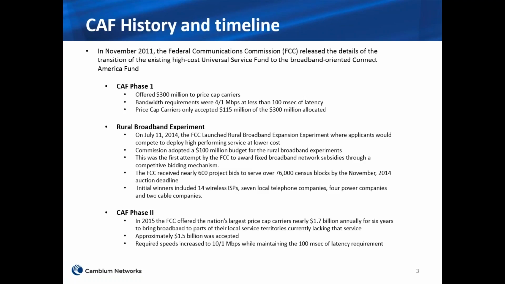In CAF Phase 2, the speeds increased, and the per subscriber funding amounts decreased, which was interesting, but once again, this was a lesson learned through the Rural Broadband Experiment. And there was also a condition placed on the next offering to the price cap carriers. Why don't we go ahead to the next slide?